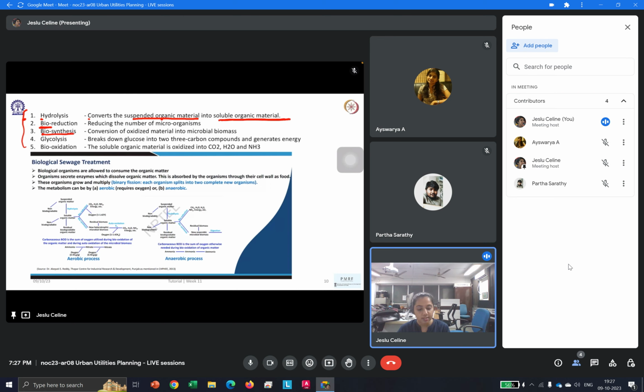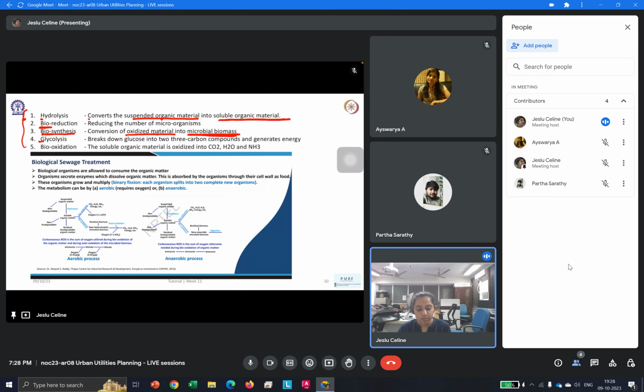Then there's biosynthesis, which means the organic oxidized material is converted into microbiomass. There might be one microorganism, and when this organism reproduces, there are more microorganisms, so there's more microbiomass. That's biosynthesis: the microorganism is getting repeated or synthesized.